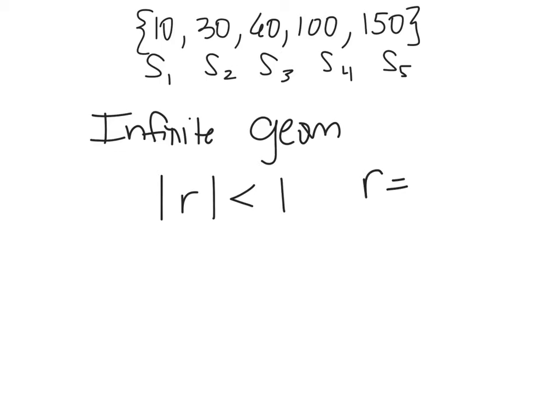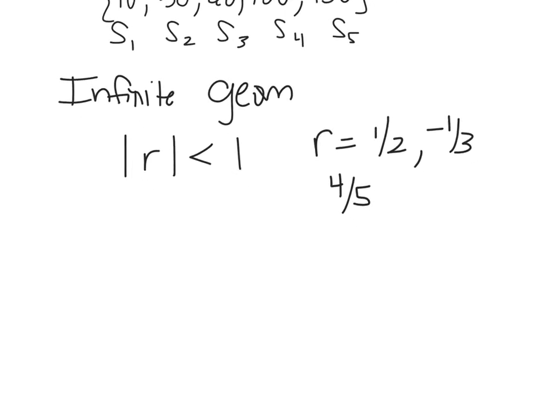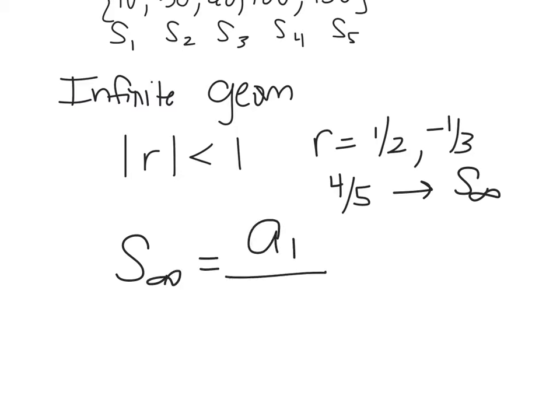You need to have r be like 1/2 or -1/3 or 4/5, okay? It's got to be a number between -1 and +1, but not 0. Okay, r is going to be one of those. And then you will get an infinite sum, but only if the absolute value of r is less than 1. So here's the infinite sum formula. You take the first term and divide it by 1 minus r. Okay?